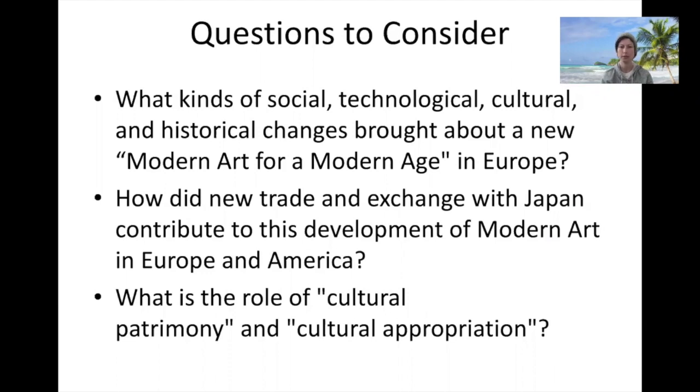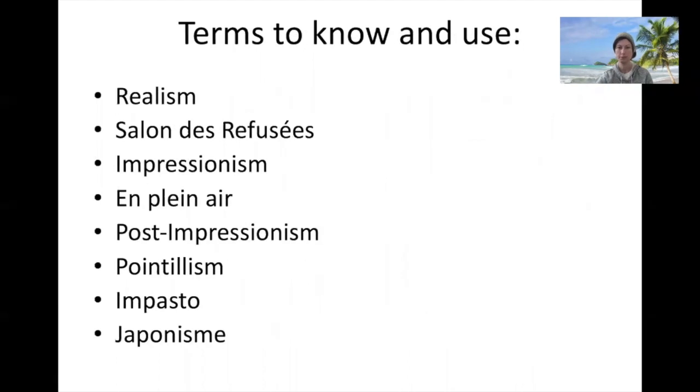How did new trade and exchange with Japan contribute to this development of modern art in Europe and America? And finally, what is the role of cultural patrimony and cultural appropriation? Some of the terms to know and use include realism, salon des refusés, impressionism, en plein air, post-impressionism, pointillism, impasto, and japonisme.